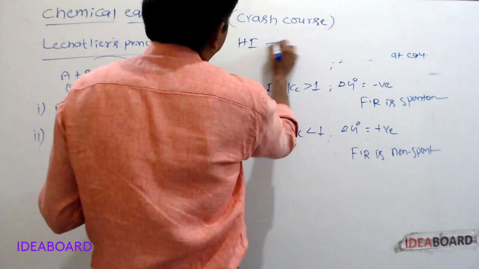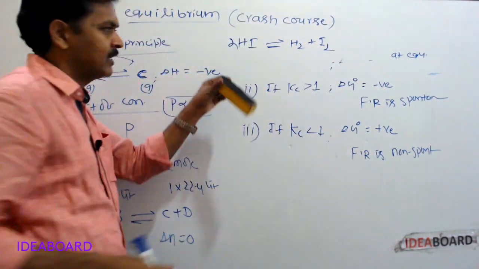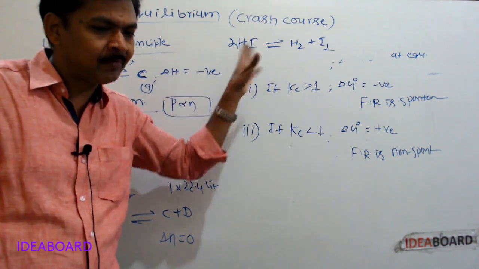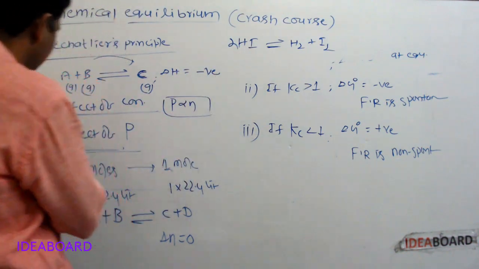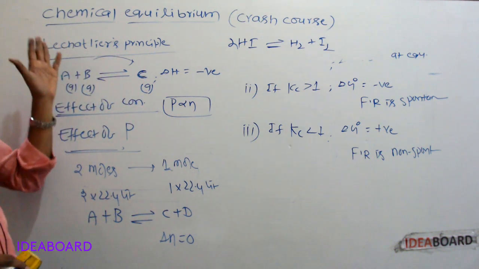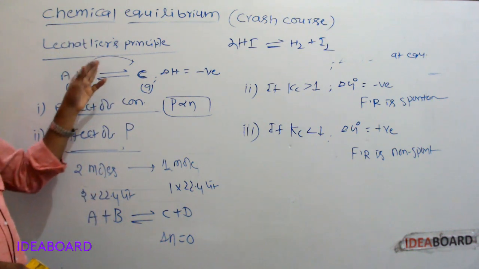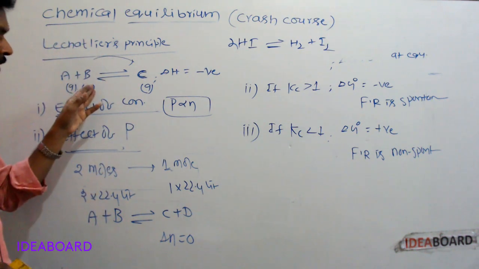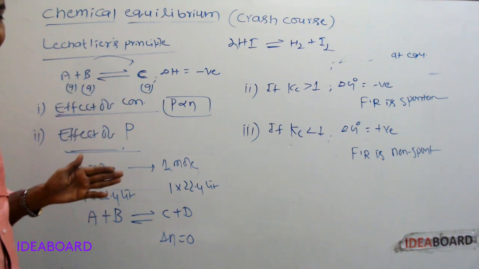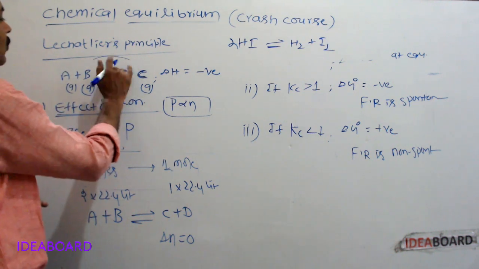In this reaction, what is the effect of pressure? Pressure has no effect. Suppose in this reaction we maintain low pressure, then equilibrium shifts in the direction in which there is an increasing of pressure, that is an increasing of number of moles.